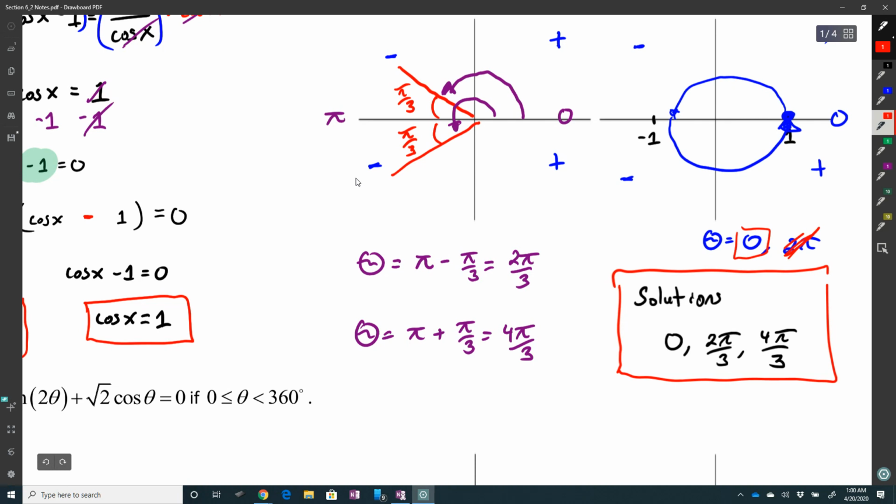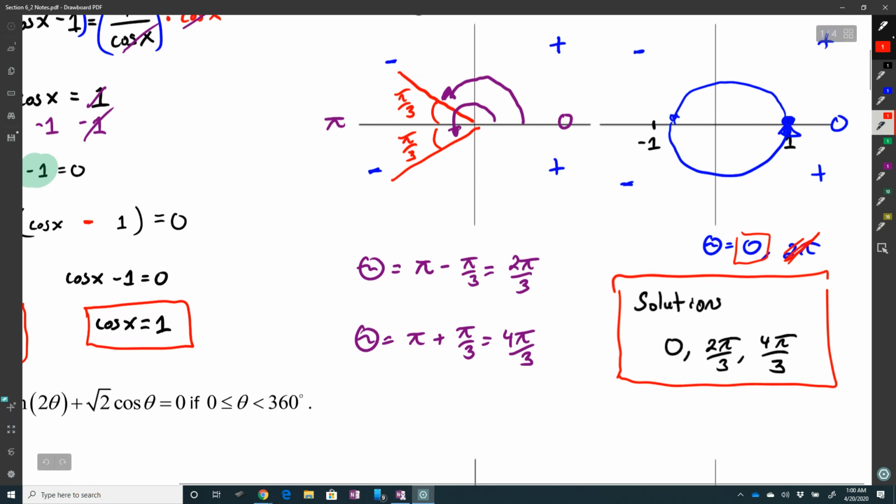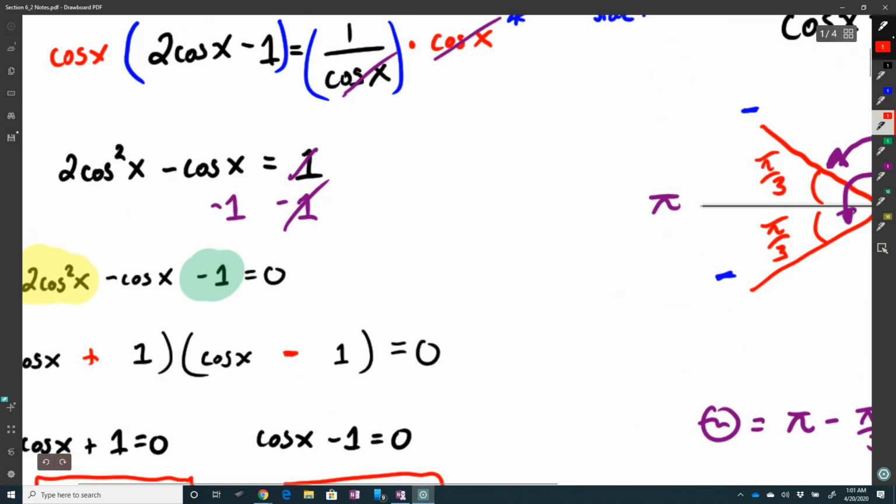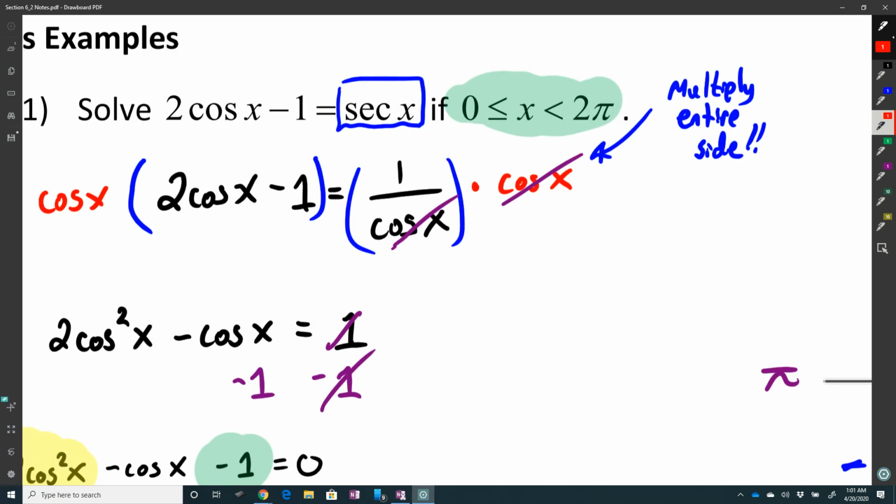Now, one thing I need to mention, it doesn't apply here, but I do have to mention it. Whenever you're solving an equation, if you introduce a variable to an equation, you have to check your answers after the fact. And in this problem, in order to solve it, I had to introduce cosine of x to the problem.